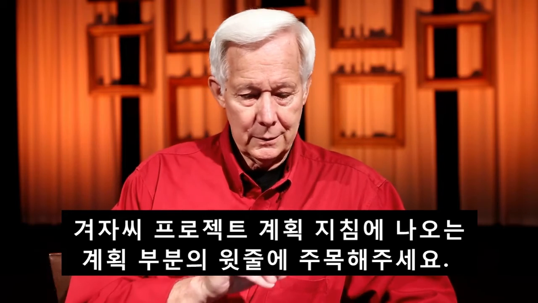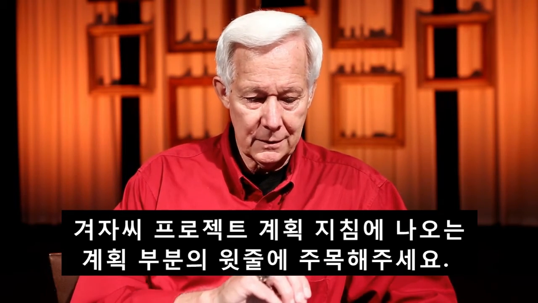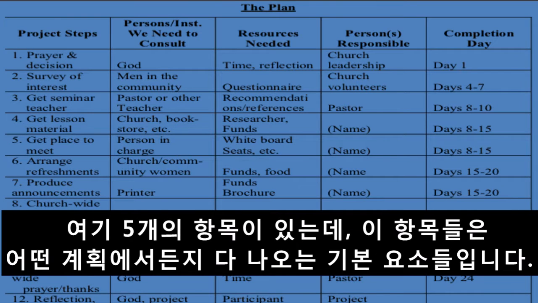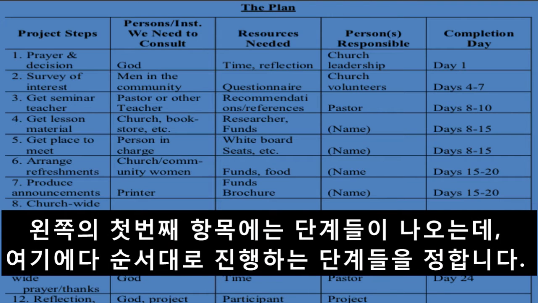Now, let's look carefully at the top part of the planning guide, and you'll see 5 columns. And in these 5 columns are some of the basic elements of any plan. In the first column, you have the steps, where you identify what the step is that you're going to take.